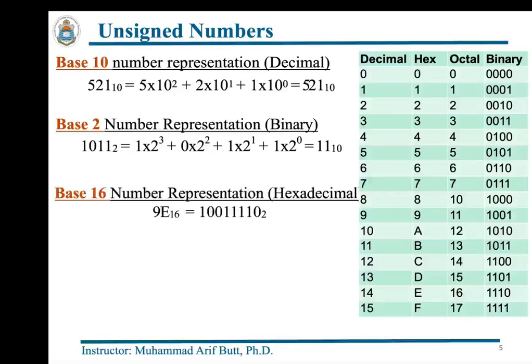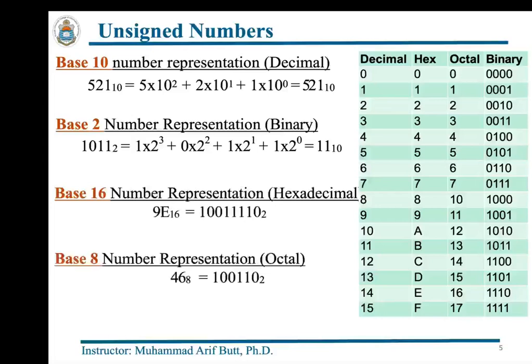Dear students, there are two more common representations. The base 16 or the hexadecimal, because it has 16 symbols in it, 0 to 9 and A to F, as you all might know before. And the base 8 or the octal number system having 8 symbols, 0 to 7.